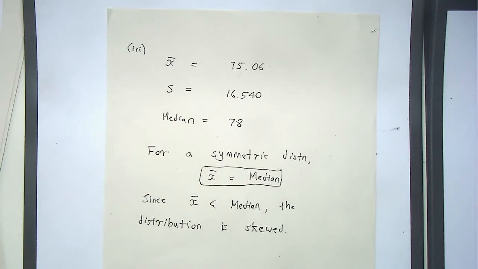It's actually skewed to the left, right? Because if you look at the box plot, the tail on the left-hand side is longer. So the distribution of the data is skewed to the left.